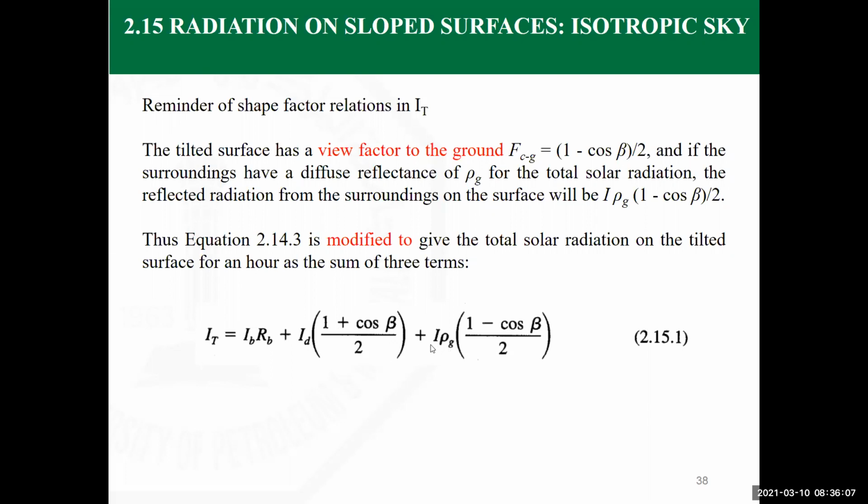The last term is taking care of the total quantity of the radiation falling onto the surface from the ground reflection, or reflectivity, or reflectance, multiplied by the shape factor between the tilted surface of the collector and the ground. So this is basically some sort of an hourly based energy falling onto a surface which is tilted to a certain angle beta.